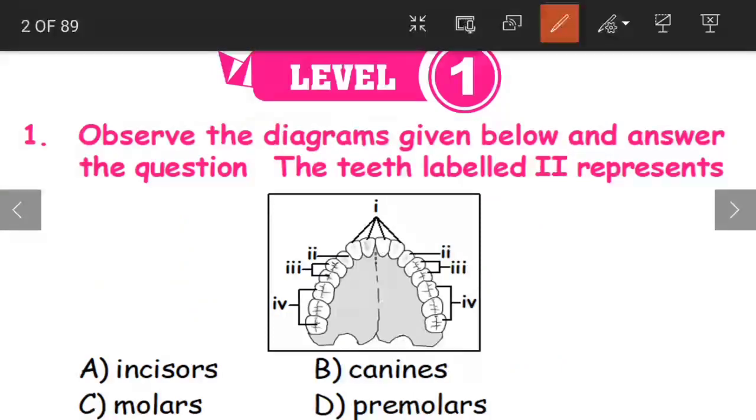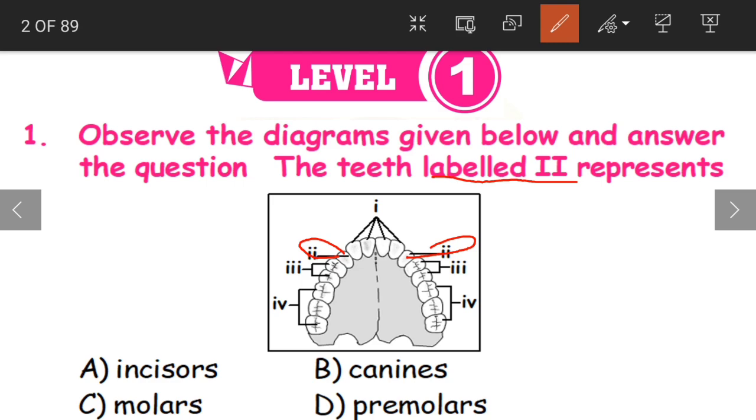So you have got a diagram of teeth, children, here, and you have to answer according to the picture. The teeth labeled 2, like here you can see, which are towards the back of the front teeth, what are they called?